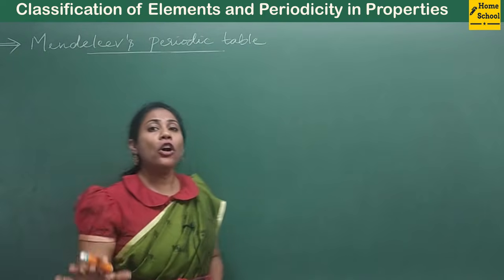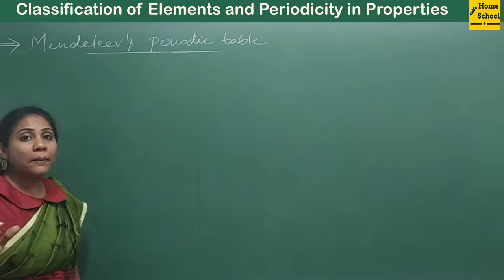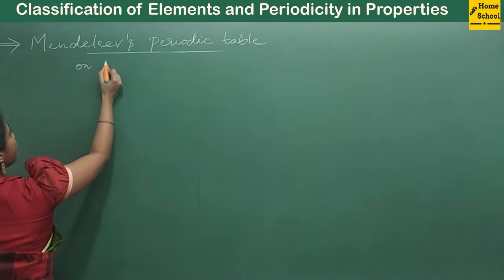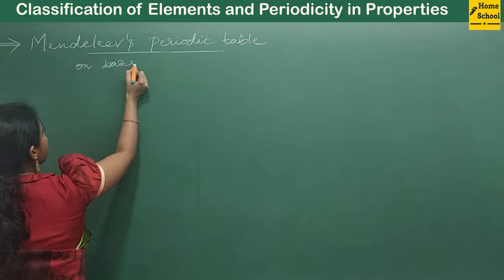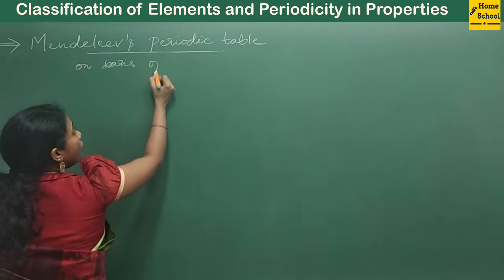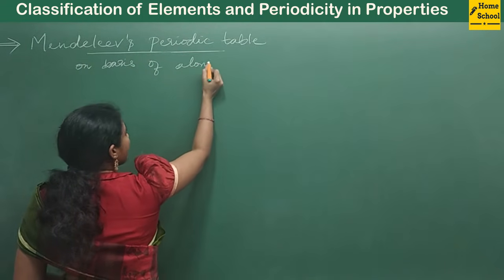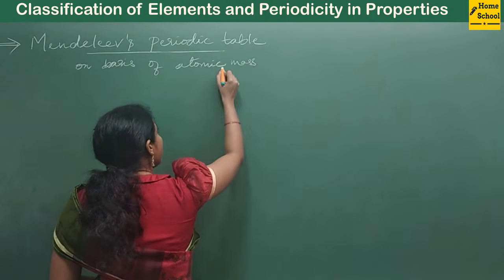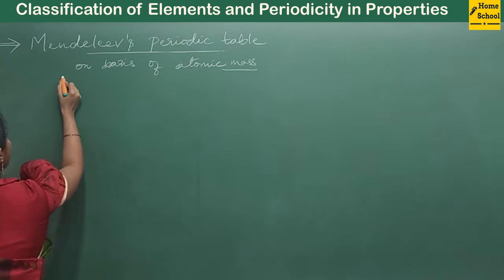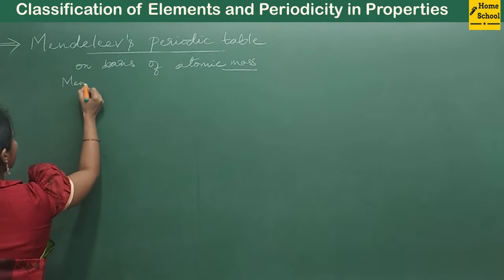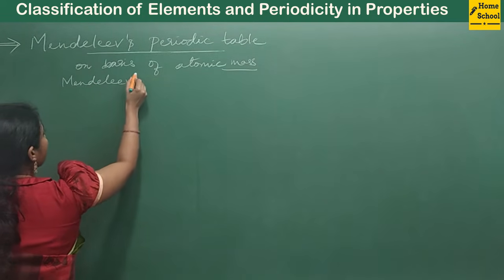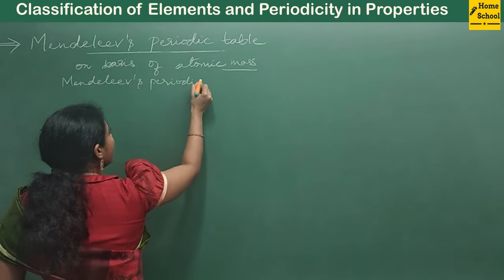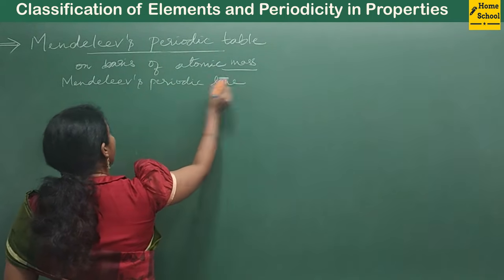Mendeleev also arranged all the elements according to atomic mass. And here is a very important sentence you need to understand: there is something called Mendeleev's periodic law, just like the modern periodic law.